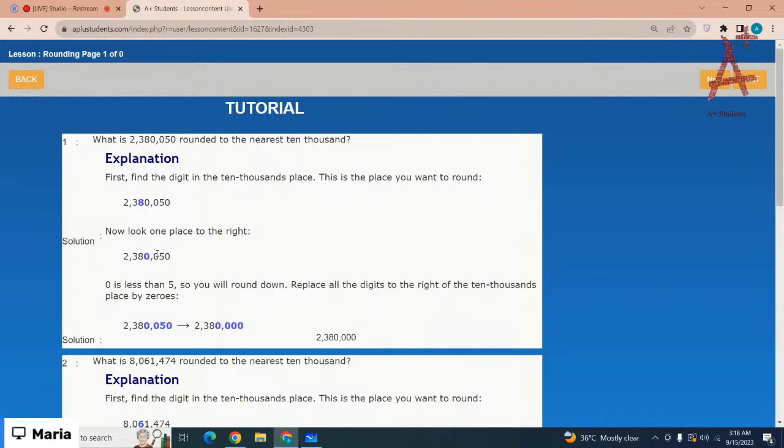When the number is less than 5, that means you round on the same digit. Otherwise, you round one up. That means you replace all the next digits with 0. When it is rounded off, it would be 238,000, right?